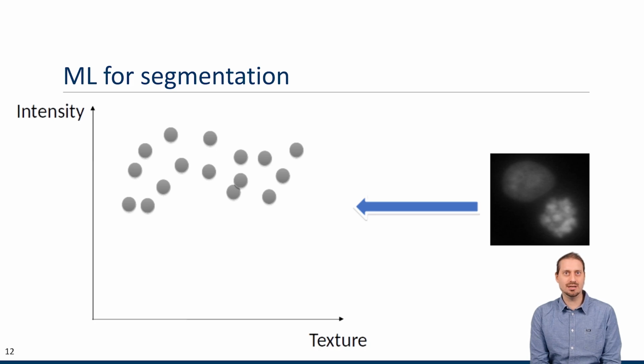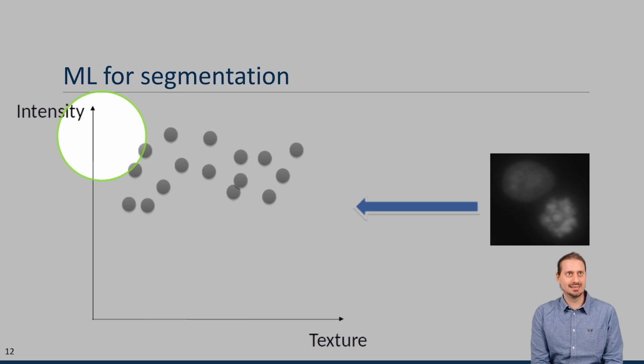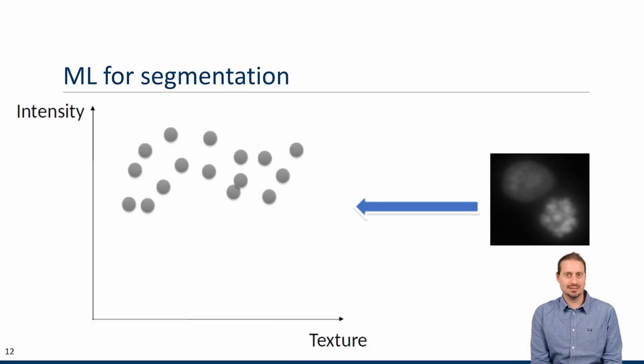Right? If we map this back to the machine learning scheme that we've already seen in the first lecture, we can think about these features defining a space that on one axis defines the intensity, for example, of our image or of parts or pixels in the image, and on the other axis defines the texture. And these are features that we get from image filters. And then if we want to do machine learning here, we need annotations, as we already discussed.